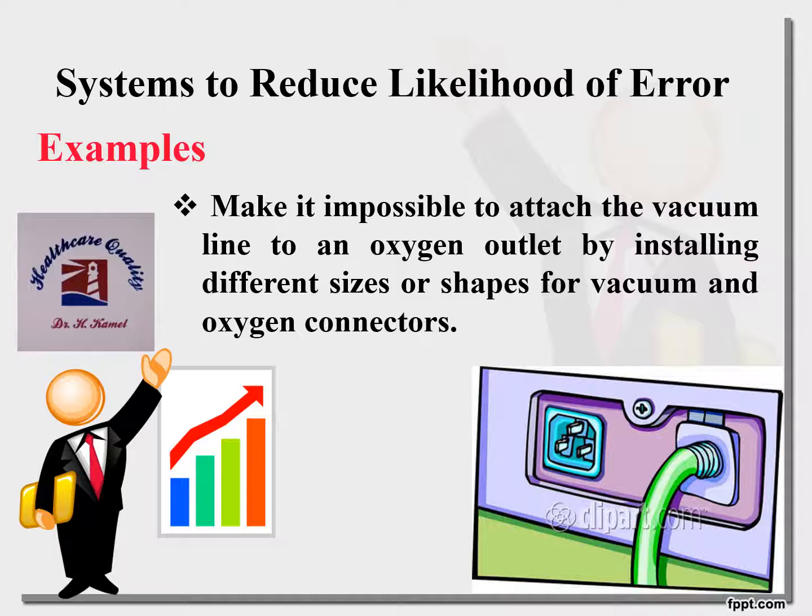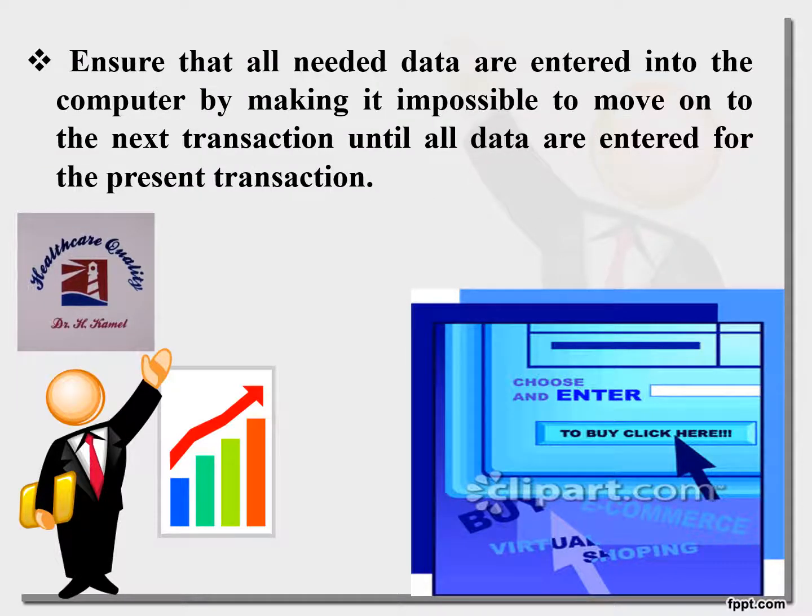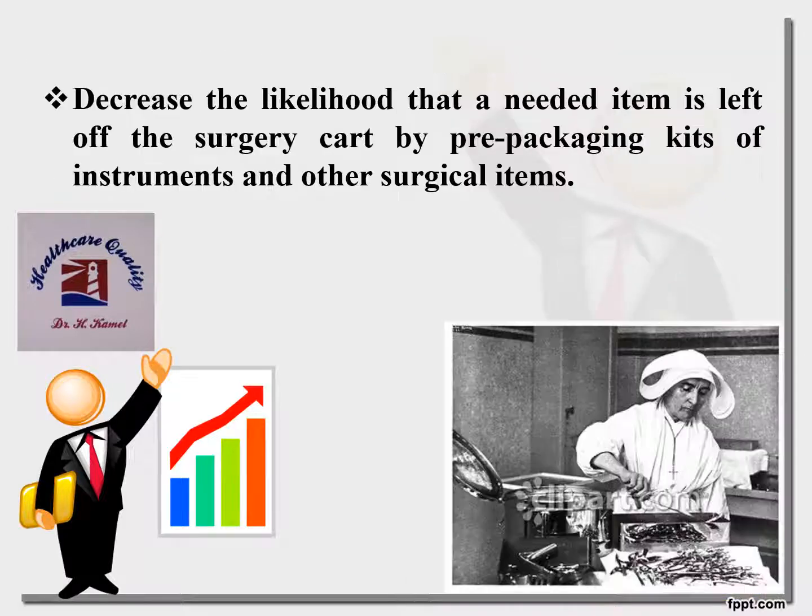Examples: make it impossible to attach the vacuum line to an oxygen outlet by installing different sizes or shapes for vacuum and oxygen connectors. Ensure that all needed data are entered into the computer by making it impossible to move on to the next transaction until all data are entered for the present transaction. Decrease the likelihood that a needed item is left off the surgery cart by pre-packaging kits of instruments and other surgical items.